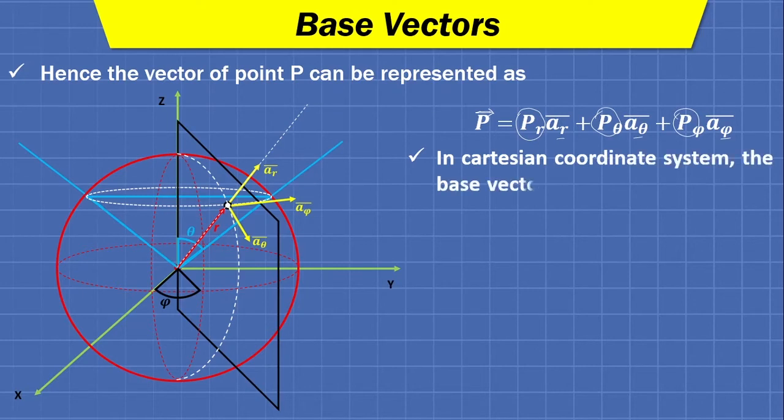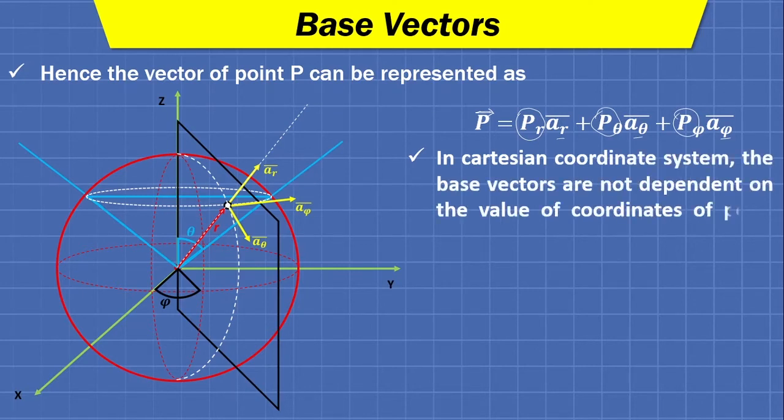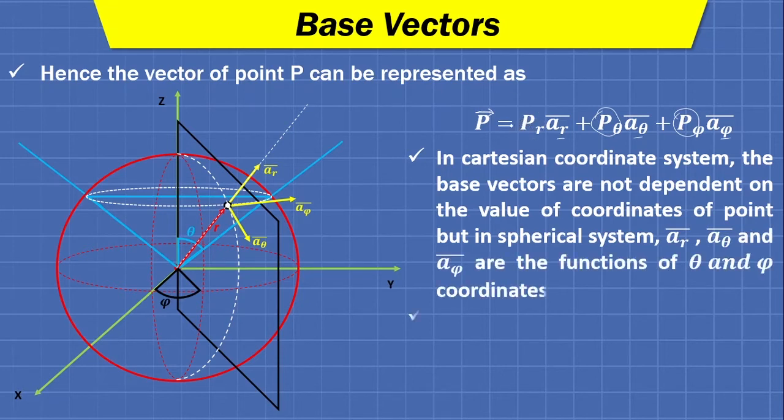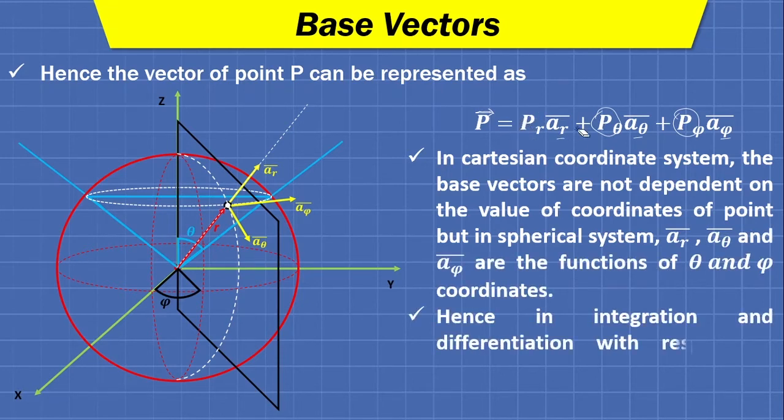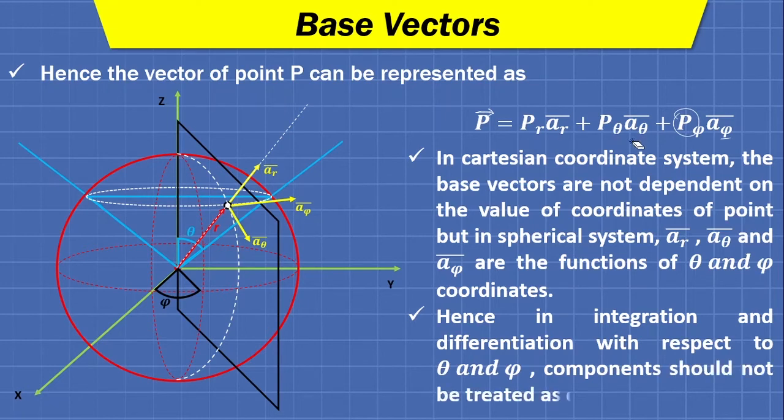In Cartesian system, the base vectors are not dependent on the value of coordinates of point. But in spherical system, A r bar, A theta bar and A phi bar are the function of theta and phi. Here, as you can see, if we change the value of theta and phi, then all three directions will change.